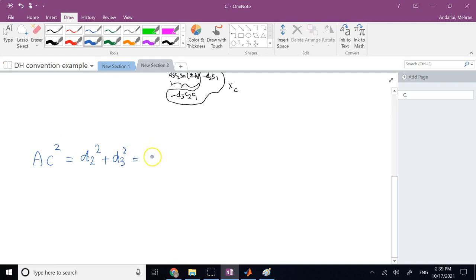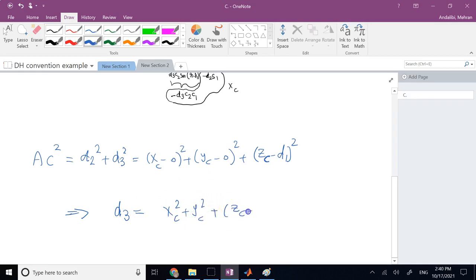And it is also equal to x of C minus x of A squared, plus y of C minus y of A squared, plus z of C minus z of A, which is d1, squared. The right hand side is perfectly known, d2 is perfectly known, so from here d3 is clearly going to be the square root of xc squared plus yc squared plus (zc minus d1) squared minus d2 squared.